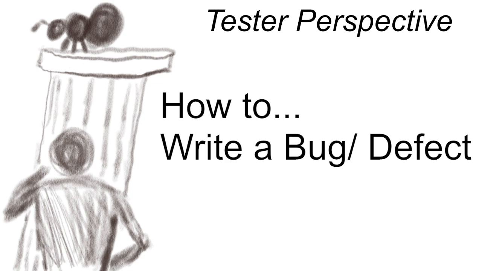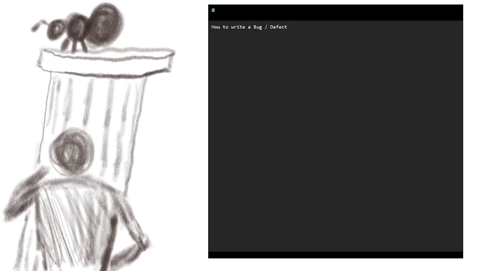So here we're going to talk through what it is to write a bug and some things to think about during that process. So if we open up a notepad, we're going to keep this simple since you'll probably be utilizing some sort of defect tracking system, bug tracking system, whatever is being used, but most, if not all, bugs pretty much have the same layout.